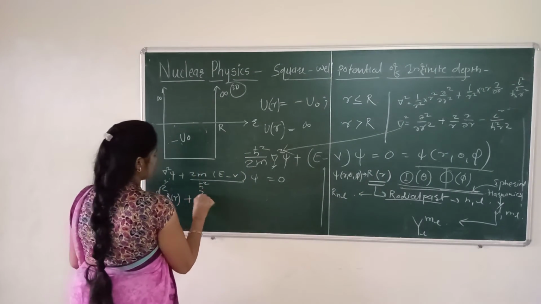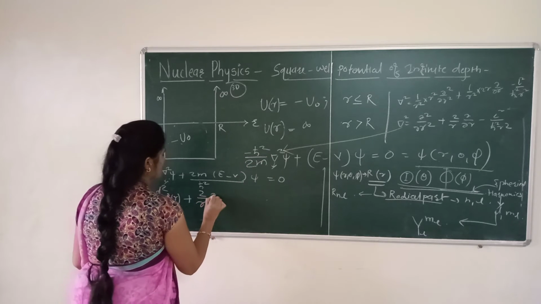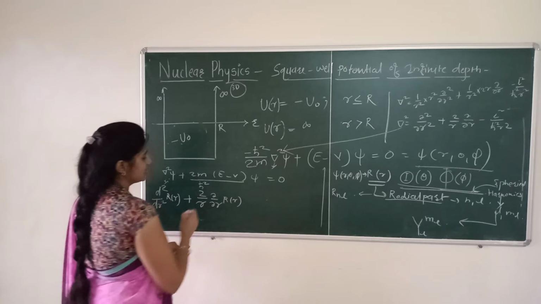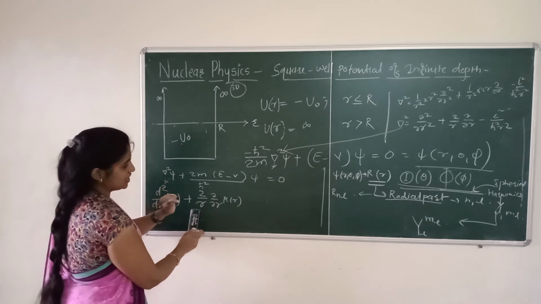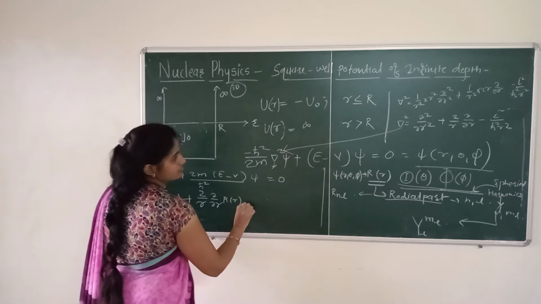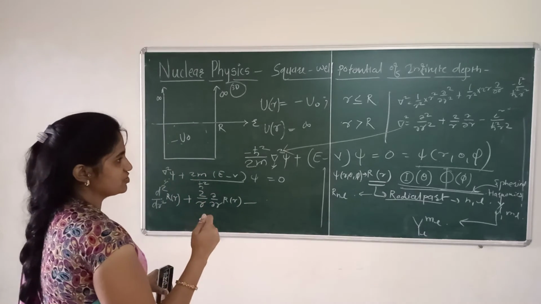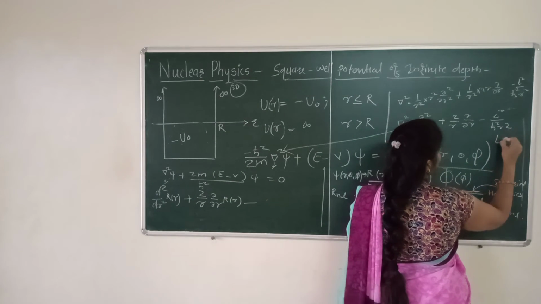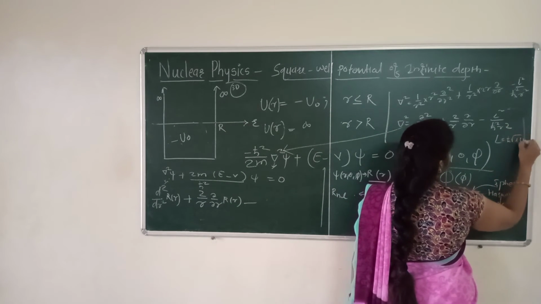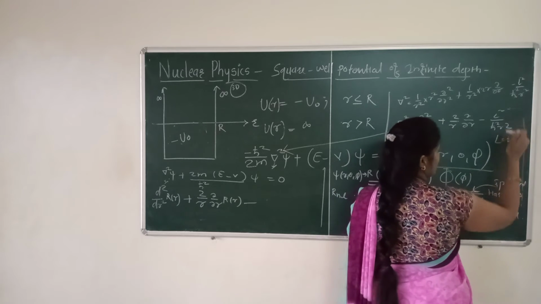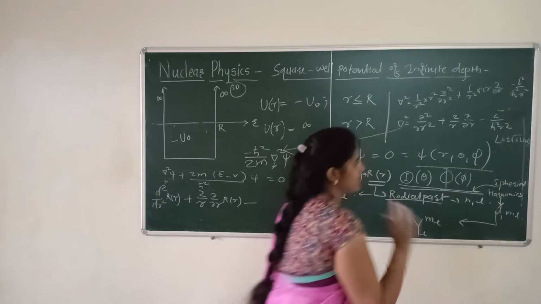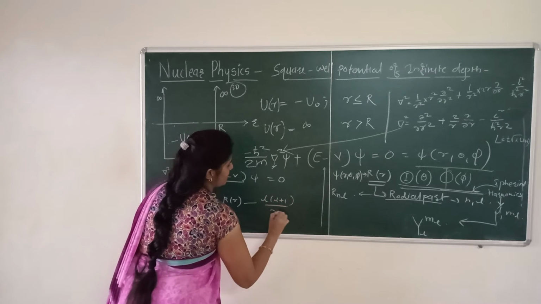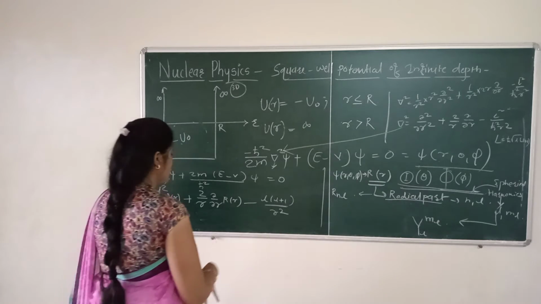Similarly, plus 2 by r dou by dou r, and again only R(r), because only R(r) derivative will happen, minus L square divided by h cross square r square. What is L square? Actually, what is capital L? h cross under root L into L plus 1. Then L square will be h cross square L into L plus 1. h cross square gets cancelled. That is, there is only minus L into L plus 1 divided by r square. Understand?